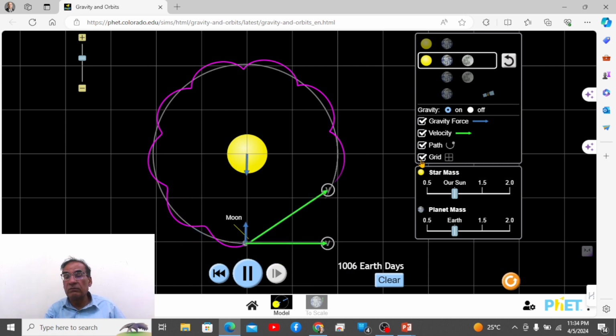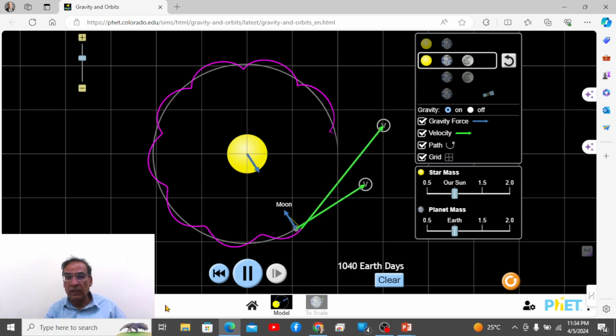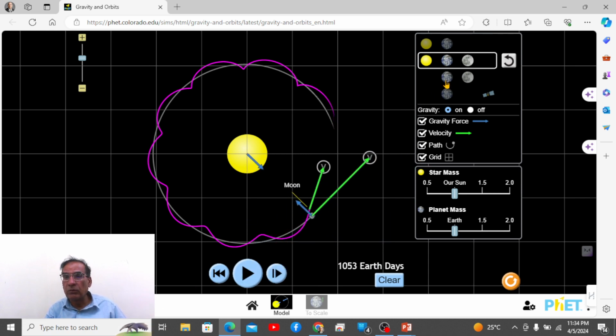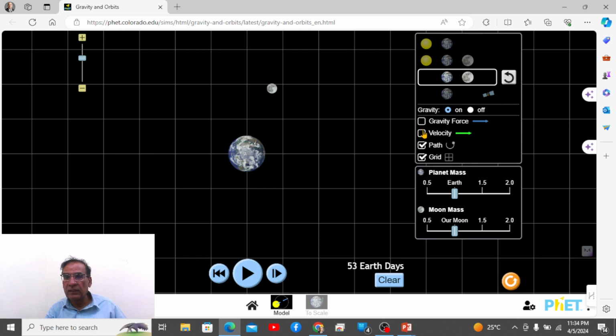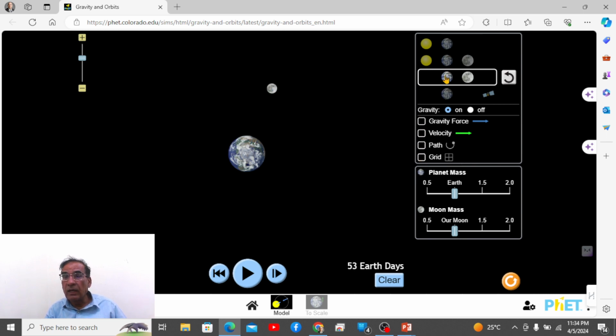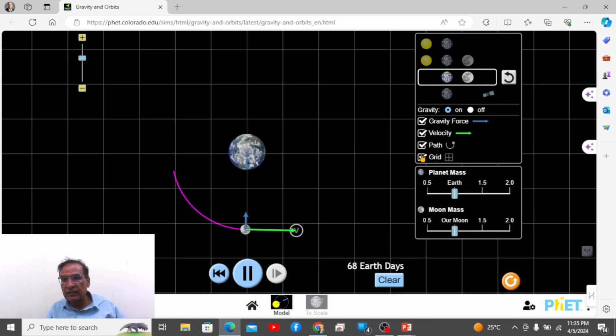Now we can see the motion. We stop here and we see the motion of the moon around the earth. So let's start. Now you can see the motion of the moon around the earth. Here we can also check the gravitational force, velocity, earth, and the grid.